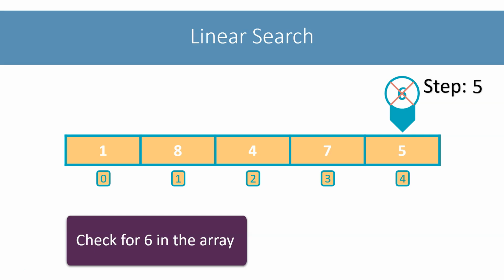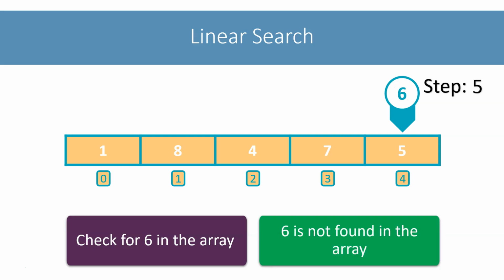Since we have checked all the elements of the array and didn't find 6, we know that 6 is not present in the array. Let's switch to BlueJ and see the Java program for linear search.